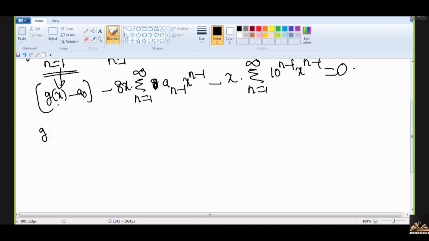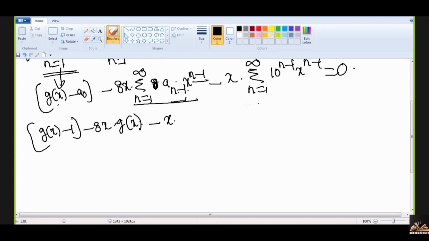So g of x minus 1 minus 8x into g of x, because from 1 to infinity we have suffix and power the same values, n minus 1 and n minus 1. So you can write this whole term as g of x minus x into g of x equal to 0.